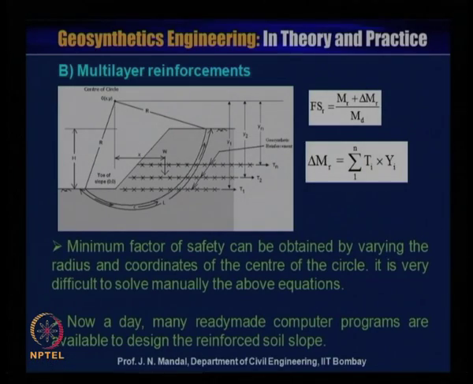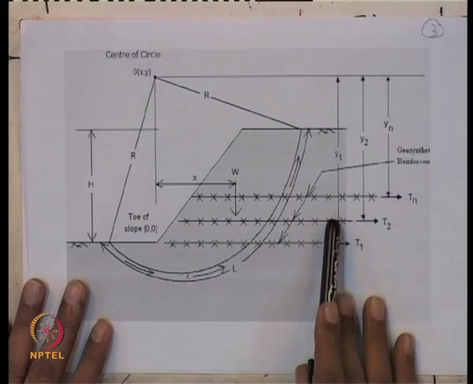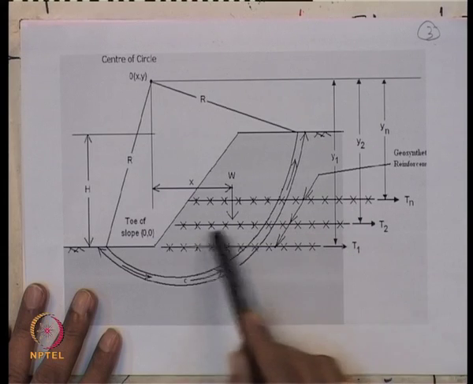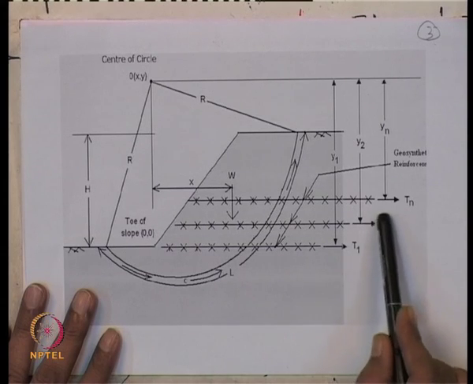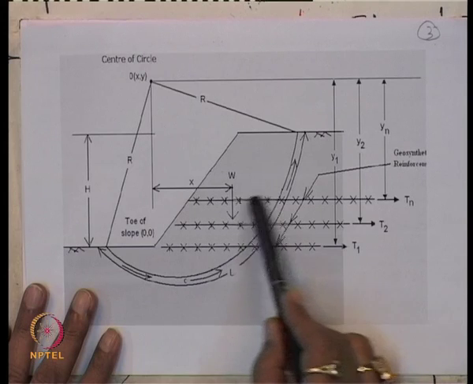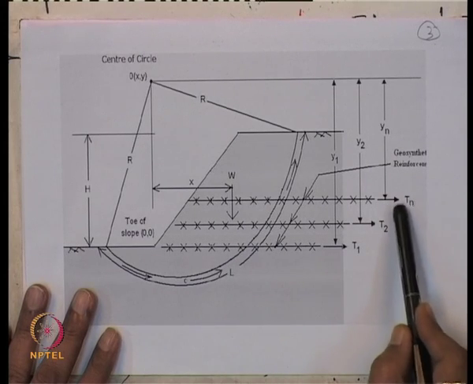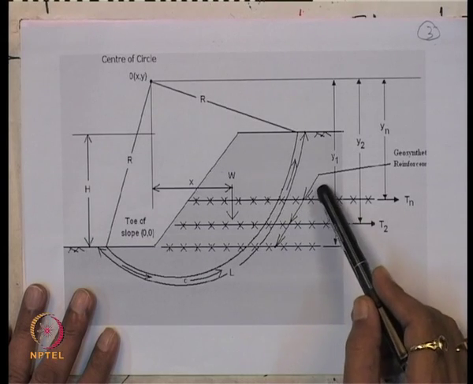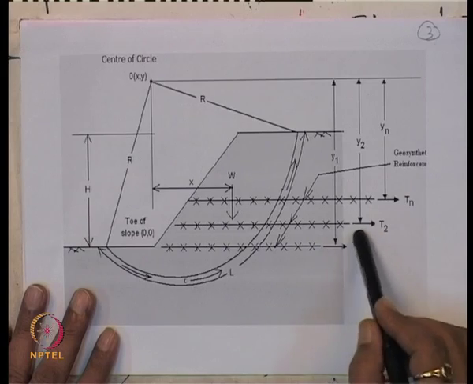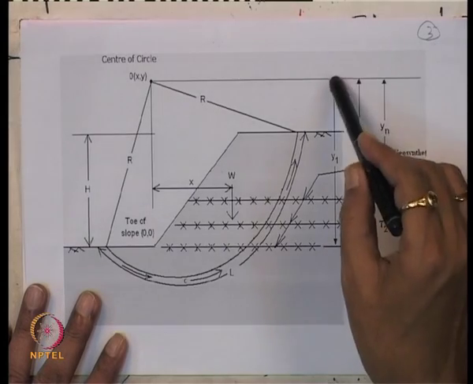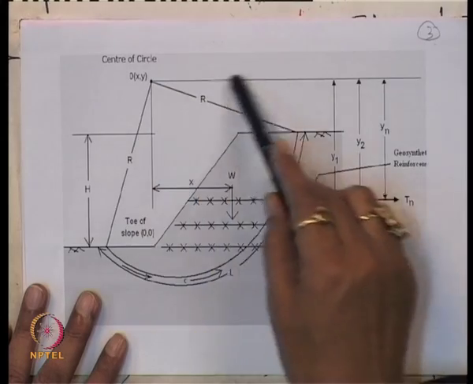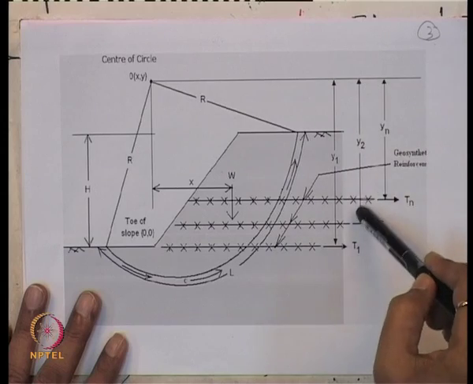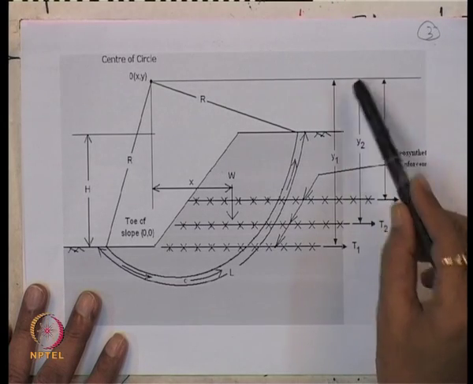For example, this is one layer of reinforcement whose strength is T1, another layer with tensile strength T2, and so on up to n layers with tensile strength Tn. This reinforcement is located at a distance y1 from the center of the circle, and T2 is located at a distance y2 from the center of the circle.